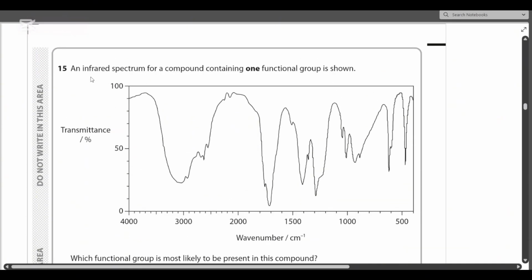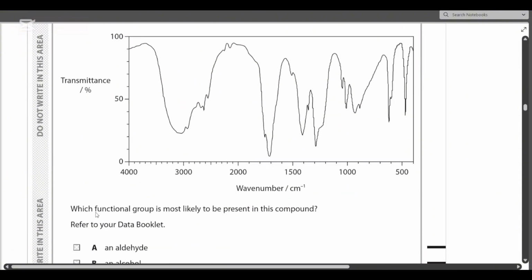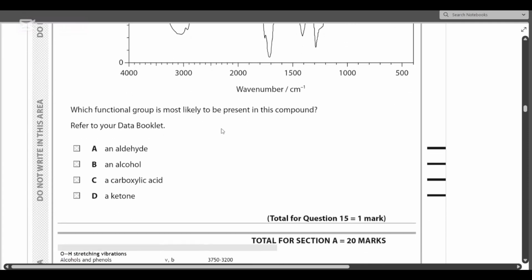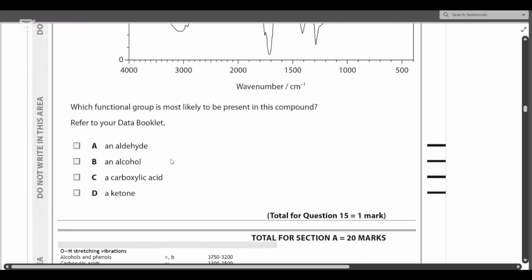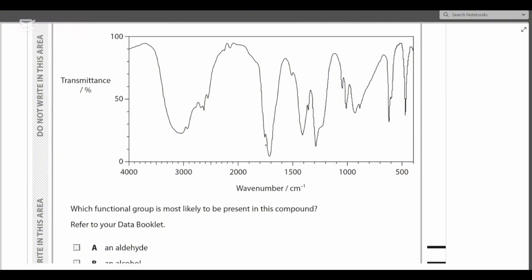Our last question from section A is that an infrared spectrum for a compound containing one functional group is provided. You can see the transmittance and you can see the wavenumber. Which functional group is most likely to be present in this compound? Refer to your data booklet. Now, right here you can see the highest transmittance is about 1616, between, you can say, 1700 and 1800.